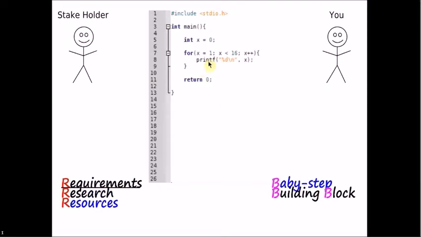So here's my code with the resources. I have a variable, which is an integer, because I'm just counting whole numbers. I start the for loop at 1, and I go to less than 16 because it's going to go from 1 to 15. This is just to prove that example that I used when I was talking with a stakeholder.